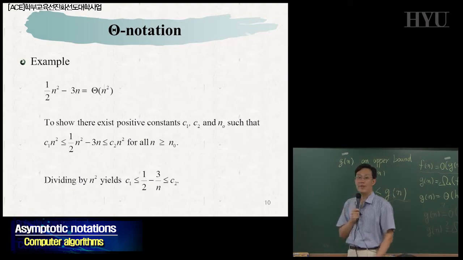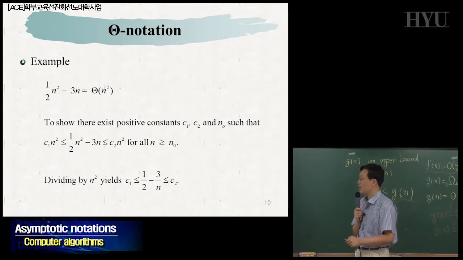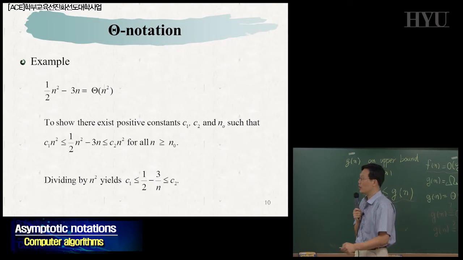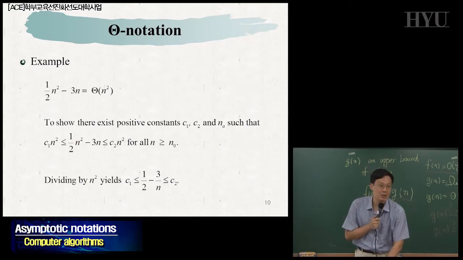Then we have to show that for some positive constants c1, c2, and n0, these two inequalities are satisfied: c1 times n squared is less than or equal to this, and c2 times n squared is greater than or equal to this, for all n greater than or equal to some constant n0.